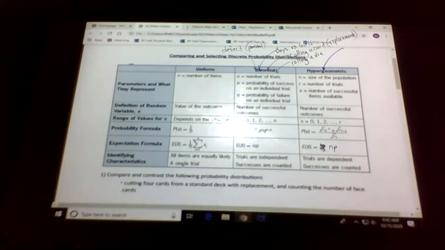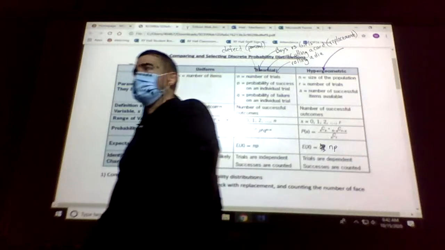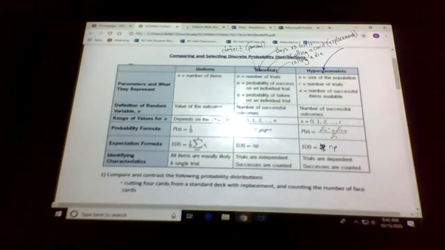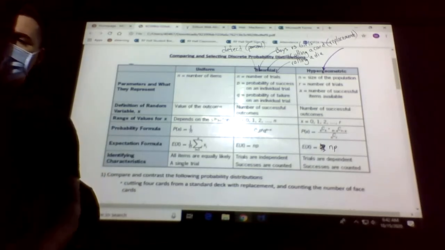What were most of the questions for hypergeometric in the homework from yesterday? What have most of my questions been so far with regards to cards? What situation with cards will be hypergeometric?